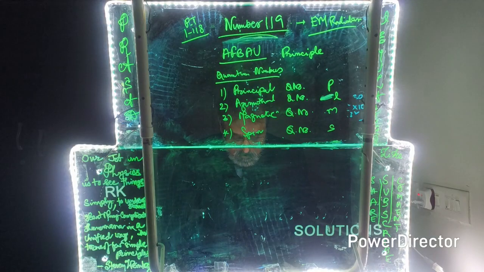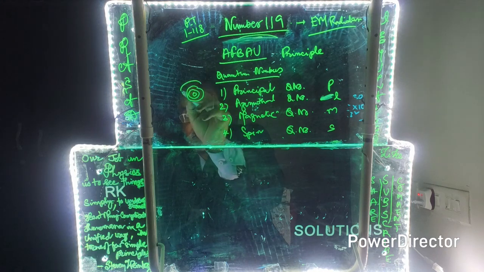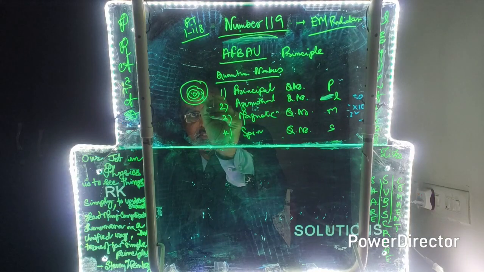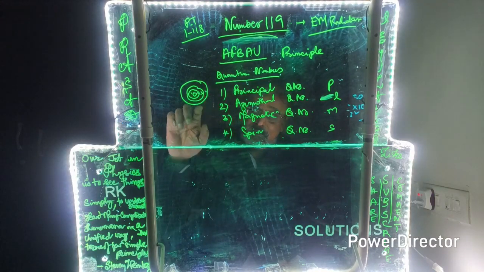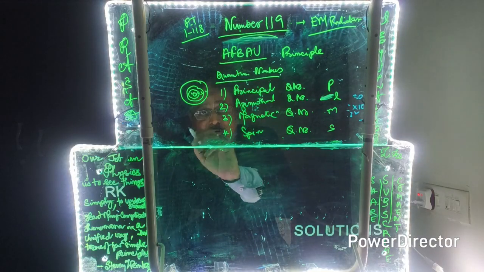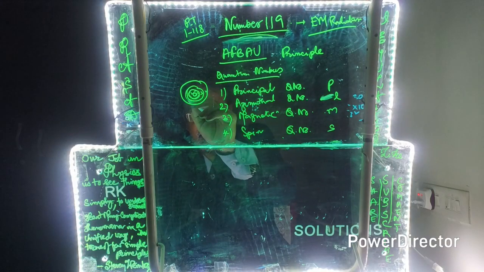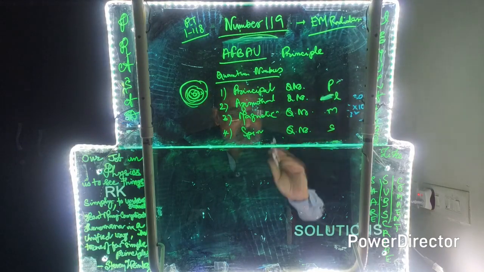What is the principal quantum number? Principal quantum number gives you the shell number: one, two, three, four. The number of the shell in which the electron resides gives you the principal quantum number.